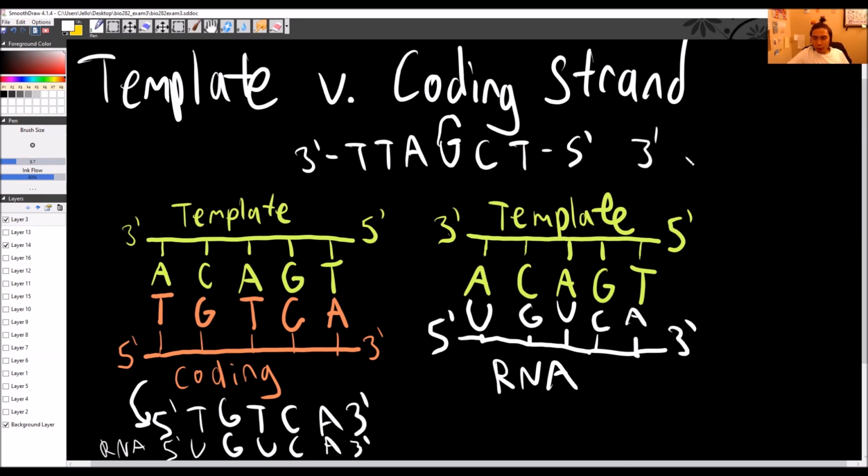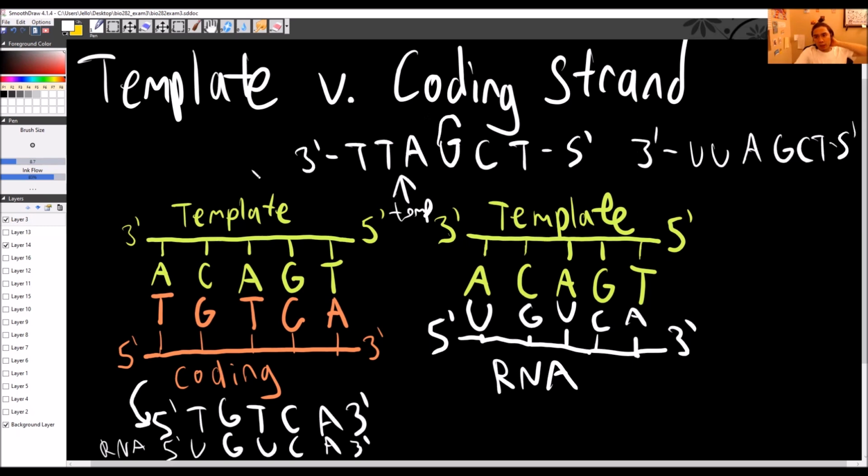So it would simply be replacing the T's with U's. However, if we were told that this was in fact a template strand, we would need to pair it up in a complementary base pair, keeping in mind that this is RNA and putting U instead of T.